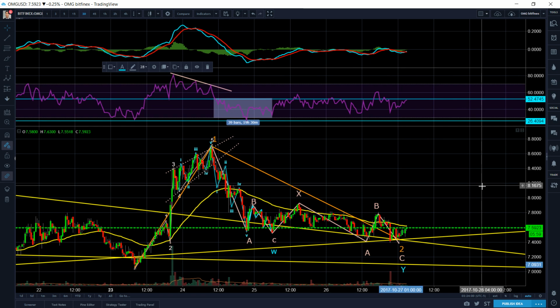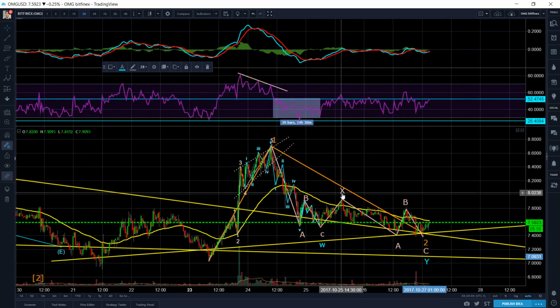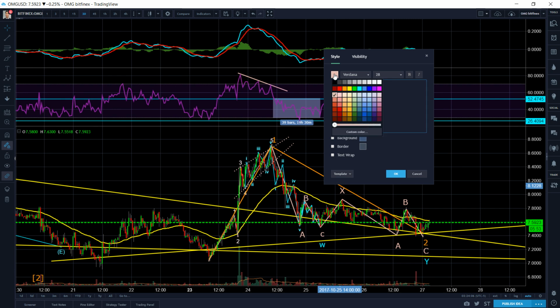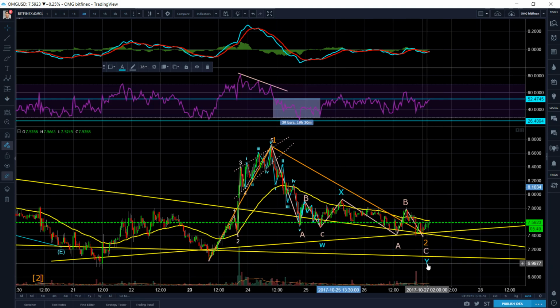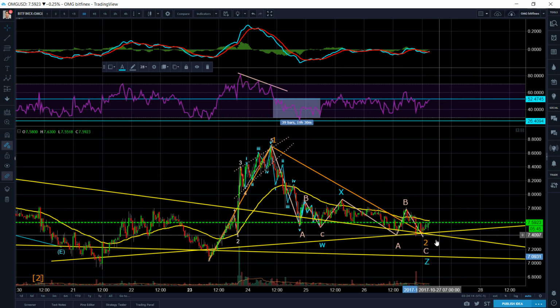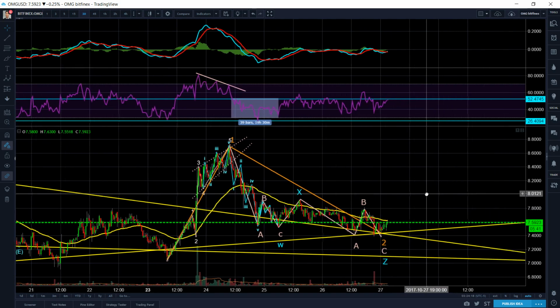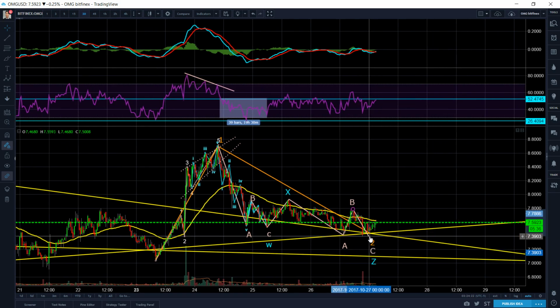If there was a third one, for example, what would it look like? We're going to change the colors so you guys get a really good idea. And we're going to play out all the possible scenarios so we can plan for a good entry. This is actually a good entry right here at 740. Very, very good entry because it could make another WXY correction.